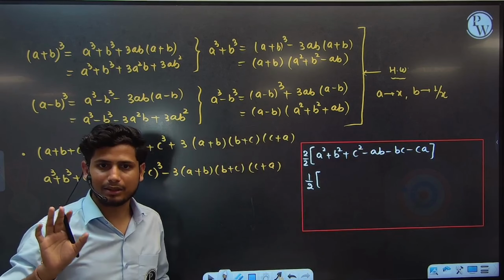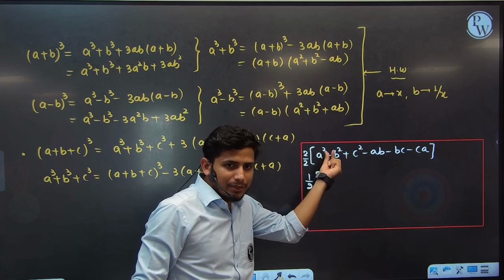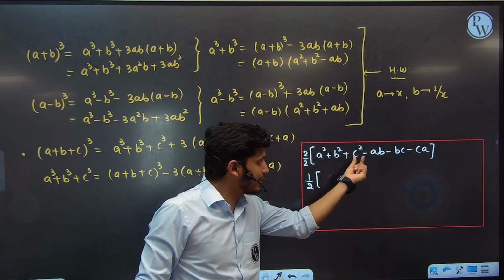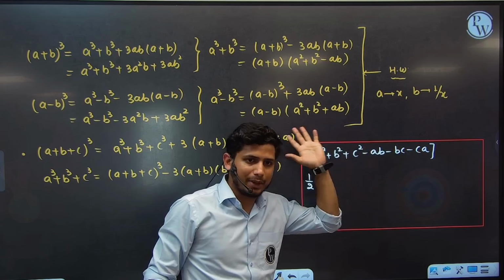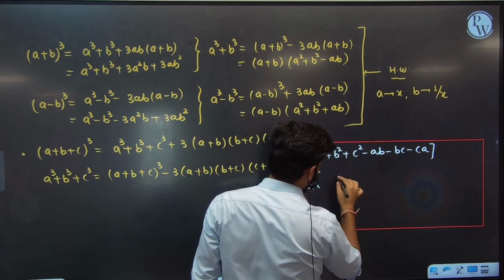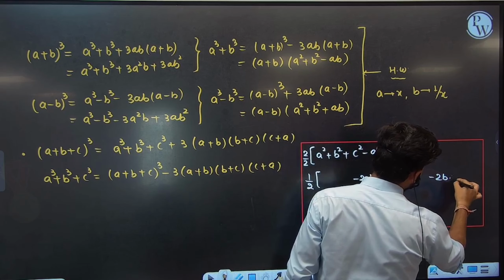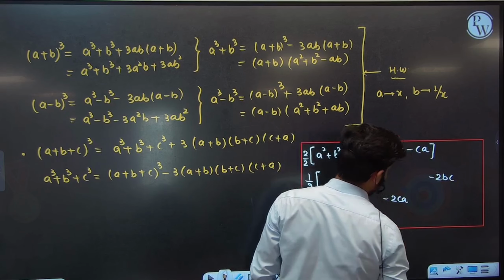Are you getting? When you multiply it by 2, then you get twice a square, twice b square, twice c square, and minus 2ab, minus 2bc, minus 2ca.